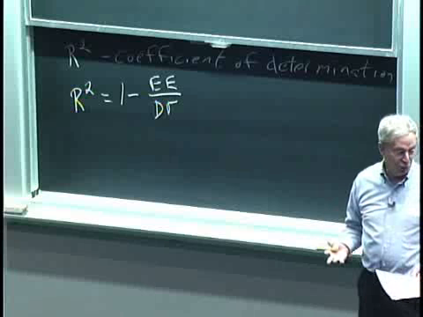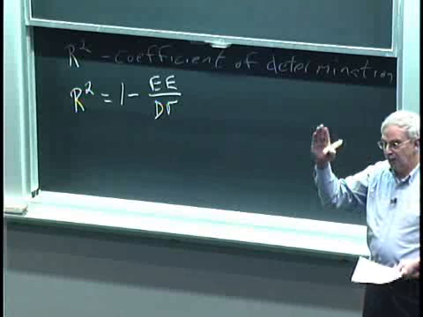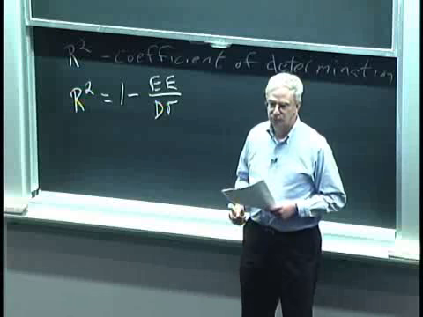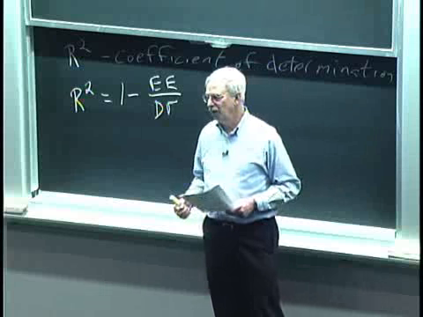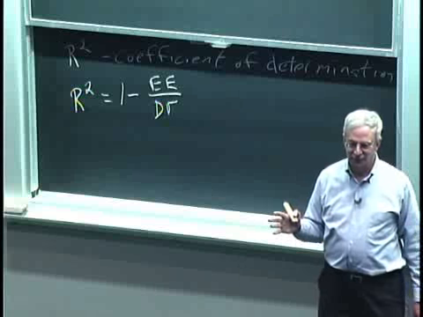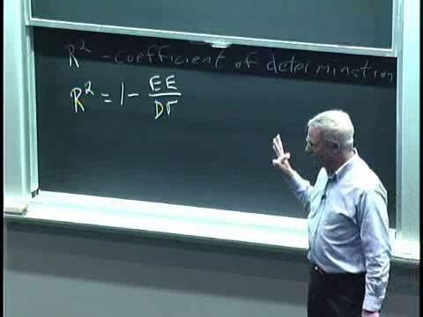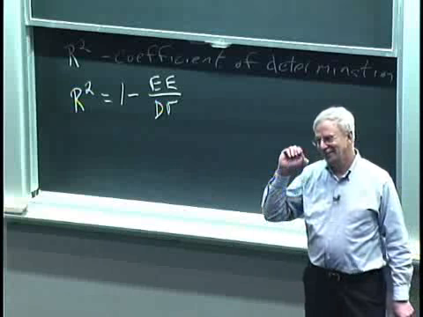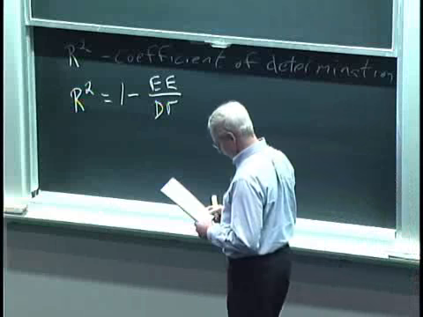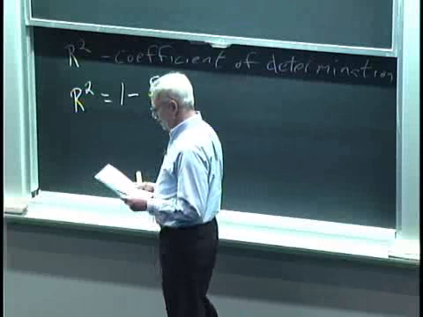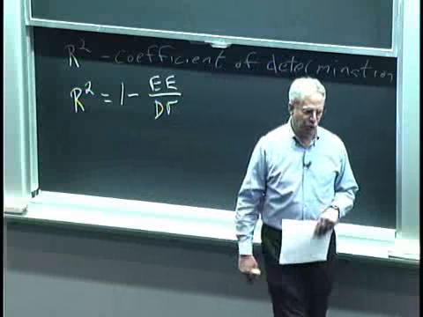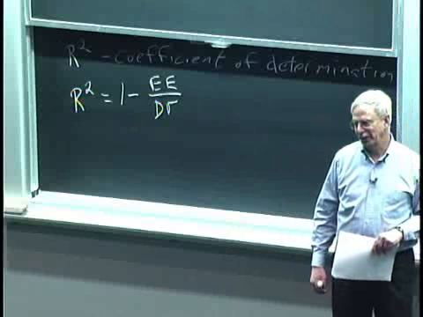And I've got some real values corresponding to each of those points, and I can look at the difference between the two. And that will tell me how much difference there is between the predicted data and the measured data in this case. And then I want to divide that by the variance in the measured data, the data variance.